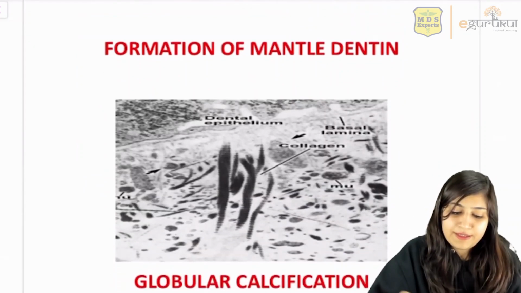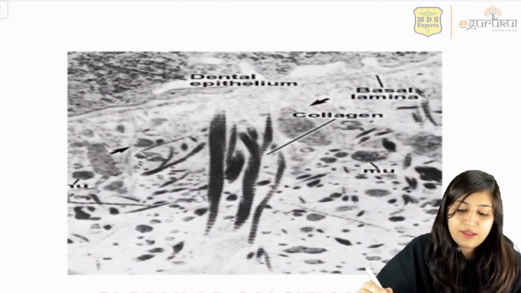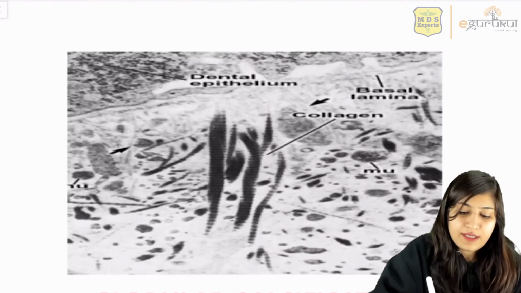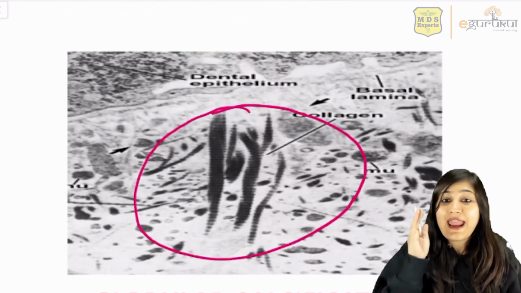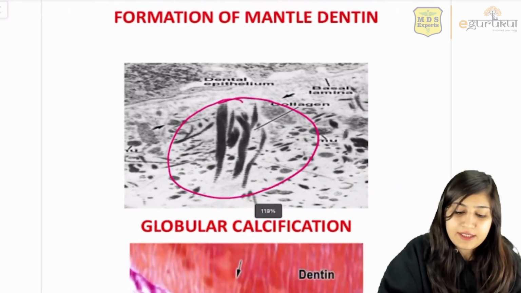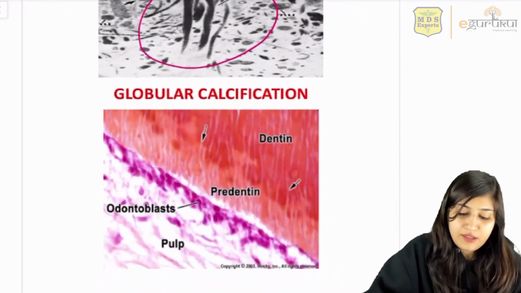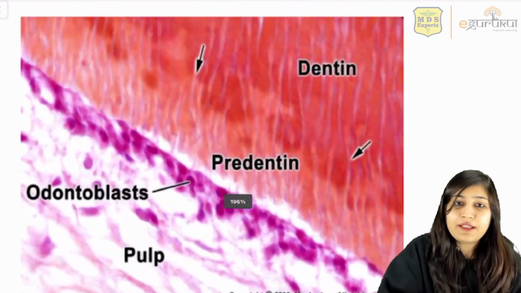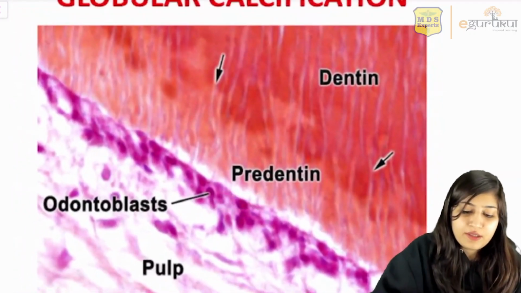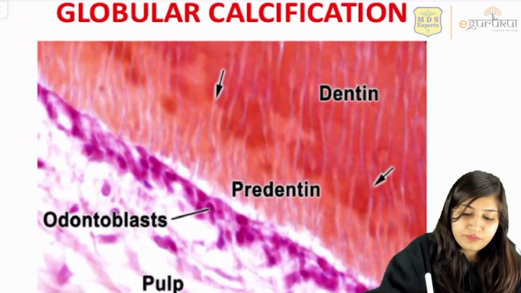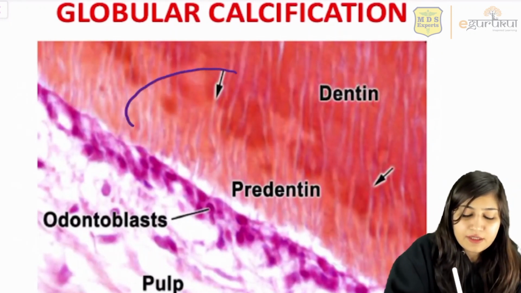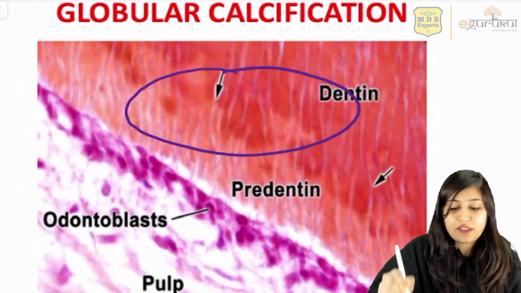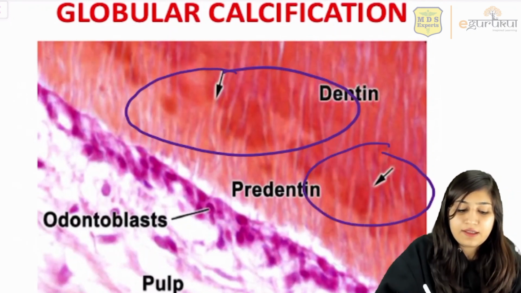Now mantle dentin. Here, as you can see, this is first formed dentin. Collagen fibers are larger and perpendicular to DEJ. Calcification pattern is mainly globular. So here you can see globular pattern of calcification. And they fuse.